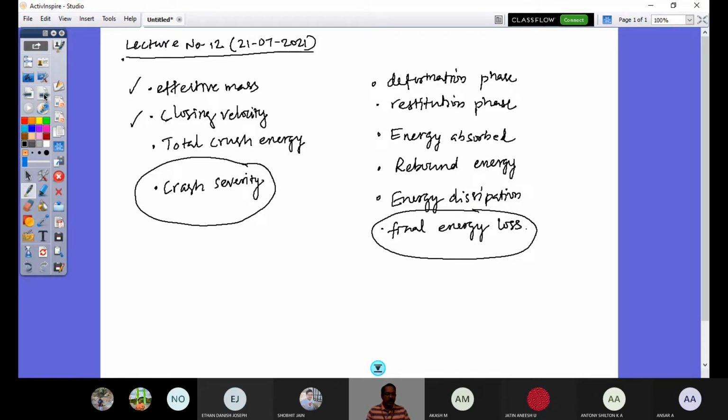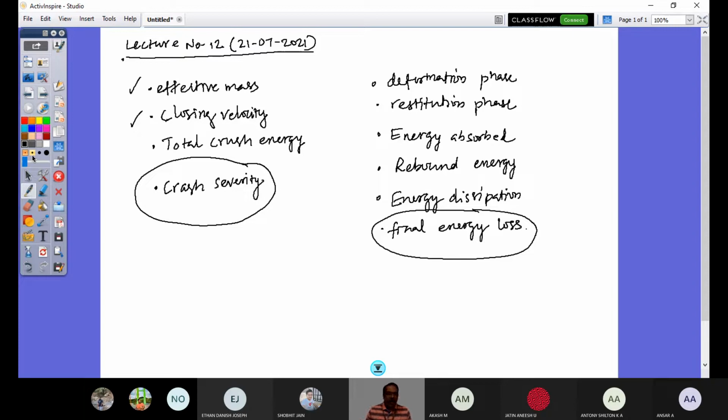So far, in these impact models, we have looked at the application of the impulse and momentum principle and the work and energy principle. These events involve not only impact and momentum exchanges, but also energy absorption and losses. That is very important from a vehicle crashworthiness point of view.